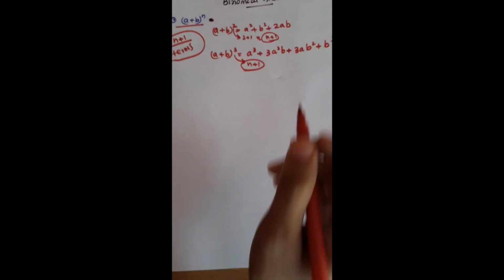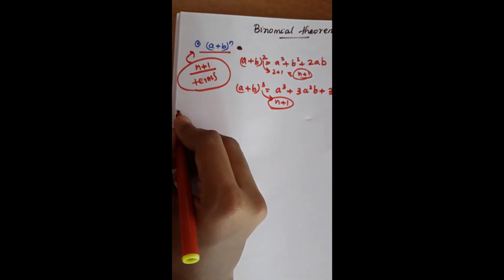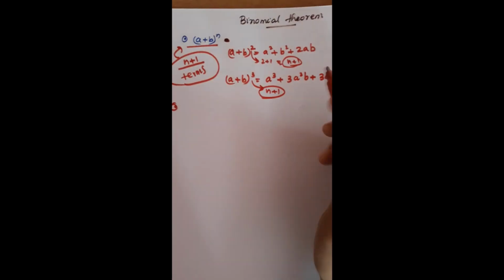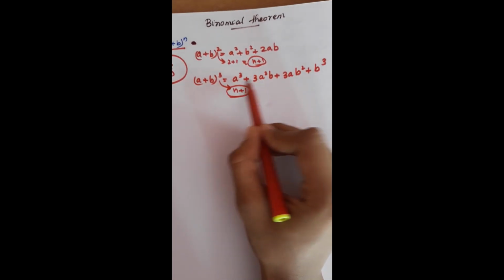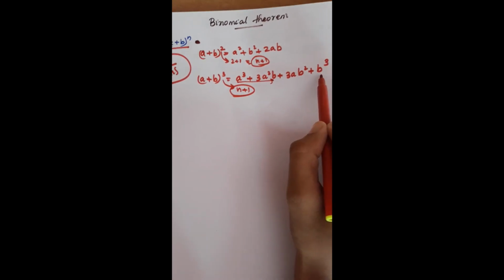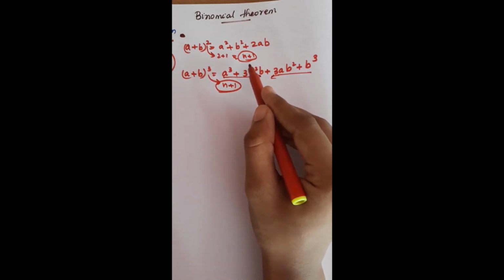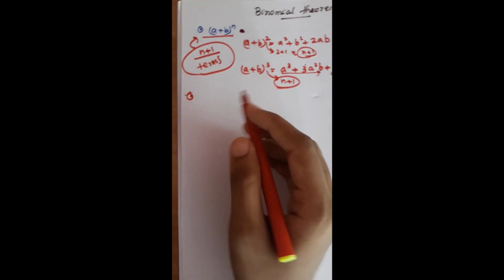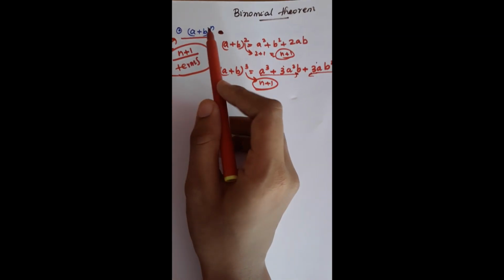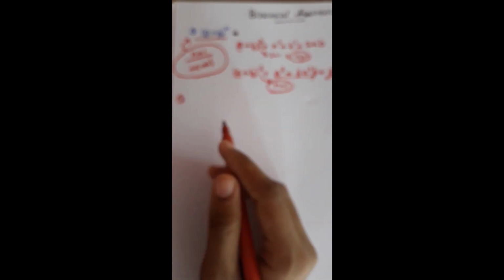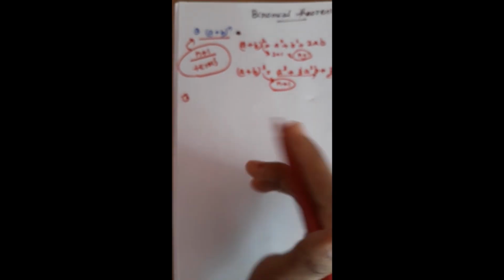Okay. Now also here we see that the second term from the beginning and the second term from the end have the same coefficients, that is 3, 3. Likewise, all the terms in the expansion which are equidistant from the beginning and end will have the same coefficients.